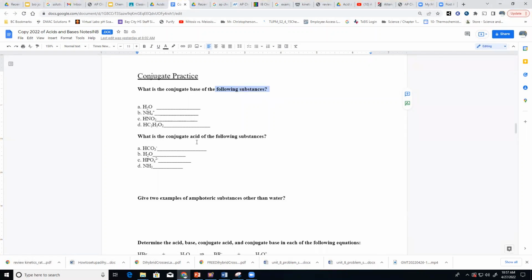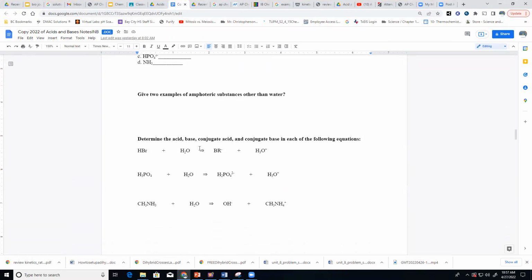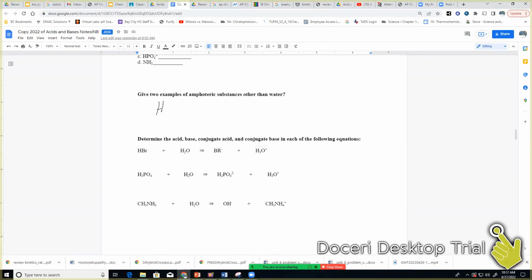All right, so we talked about water being amphoteric. It's kind of the big one that we mainly use. Another thing that could be amphoteric is if you had phosphoric acid. So at that point, it's not amphoteric. It's just an acid. It can only lose a hydrogen. But once it loses a hydrogen, it becomes H2PO4 minus.